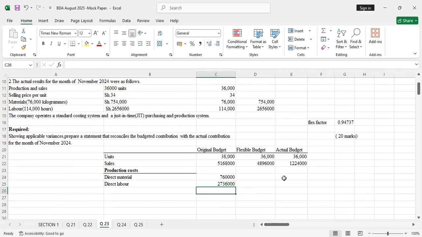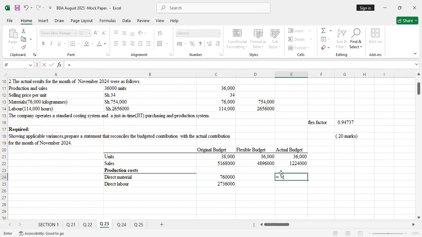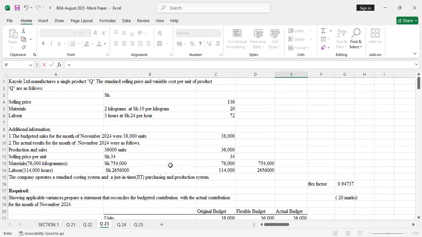I'll jump the flex, then I go to actual. What was the actual for direct material cost for the actual budget? You're told that production and sales are okay, and unit selling price is okay. Materials, the amount was how much? 754,000. So that's what you capture under actual.